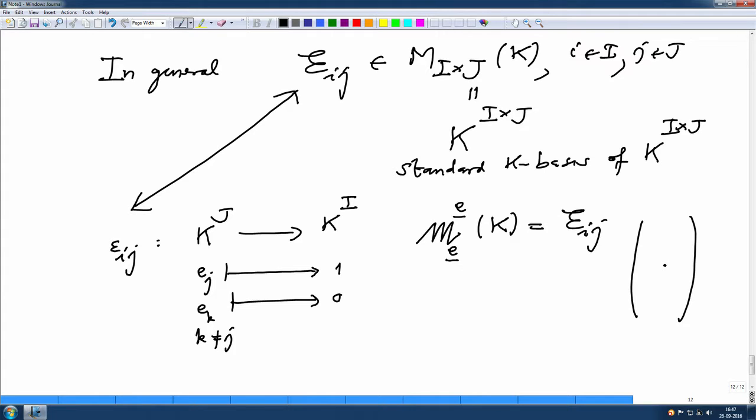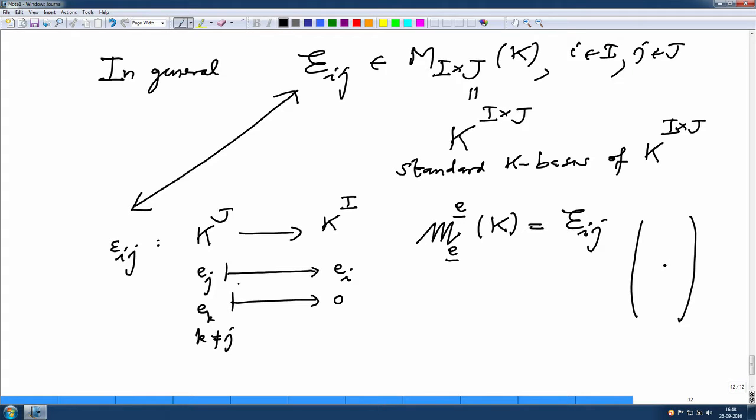No, this is not quite correct what I said. Not 1, but Ei, where this Ei is the standard basis here and this Ej is the standard basis here. That is sometimes a problem when you have similar vector spaces and standard basis notation. So Ej goes to this one, and the remaining guys go to the 0 vector.